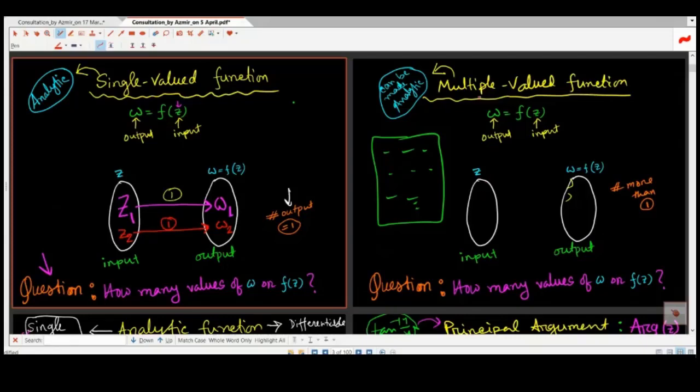Similarly, we can think about a multiple valued function. Let's say we have input z1.